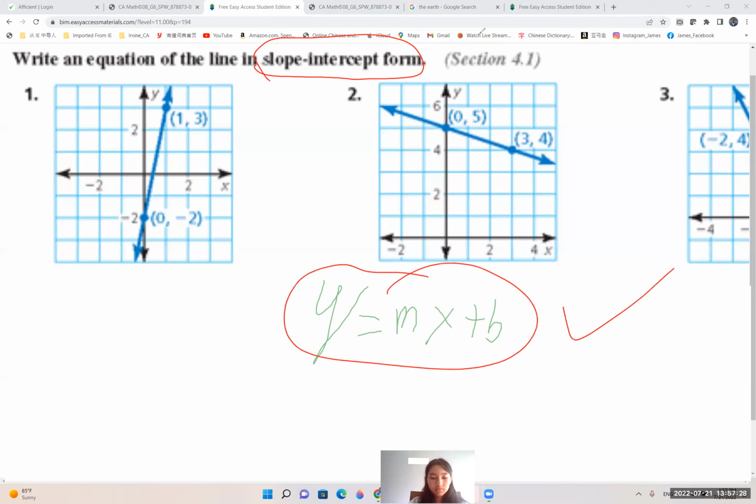Good job. Now, could you find the slope first for problem 1?